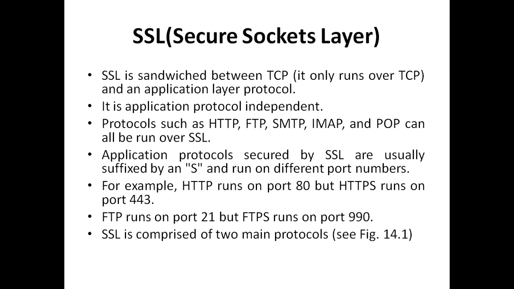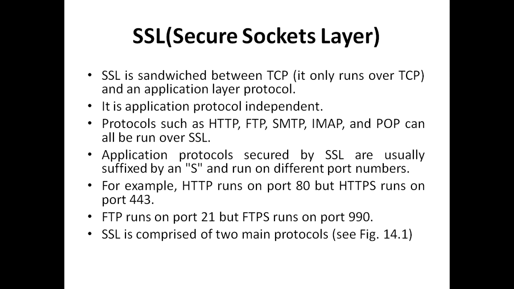So the only difference is that application protocols which are secured by SSL are usually suffixed by an S and run on different port numbers. For example, HTTP runs on port number 80, but HTTPS runs on port 443. Likewise, file transfer protocol runs on port 21, but FTPS runs on port 990.